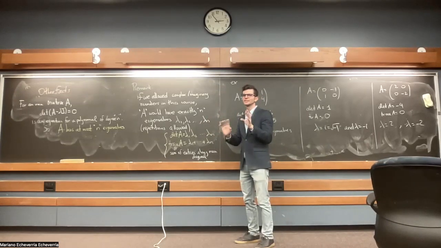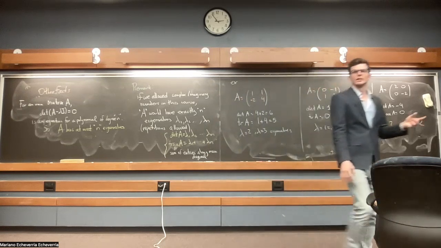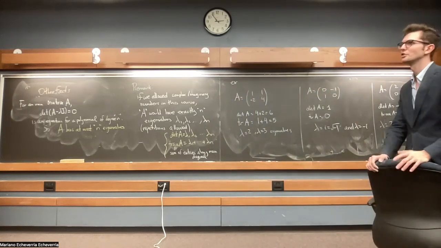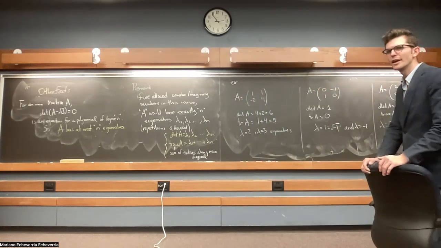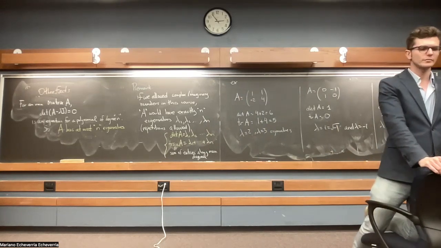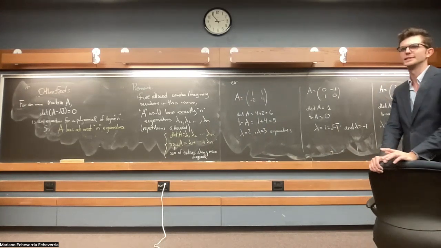I see it more or less as a sanity check. Even a 3 by 3 matrix, in principle you could have 3 eigenvalues. If you multiply those 3 eigenvalues, you should get back the determinant of A, and if you add them together, you should get the trace.